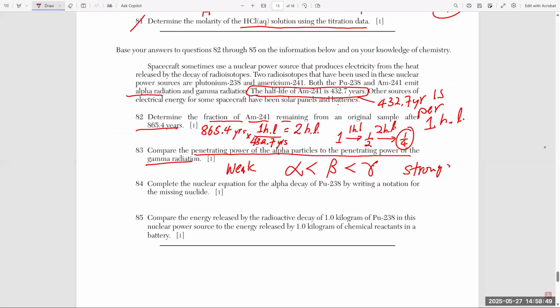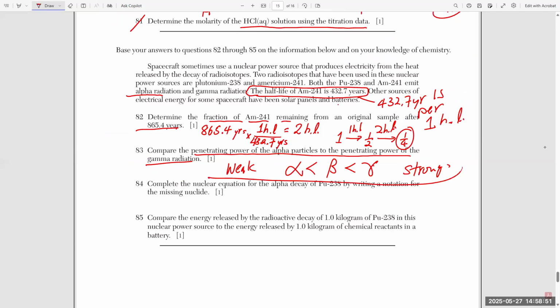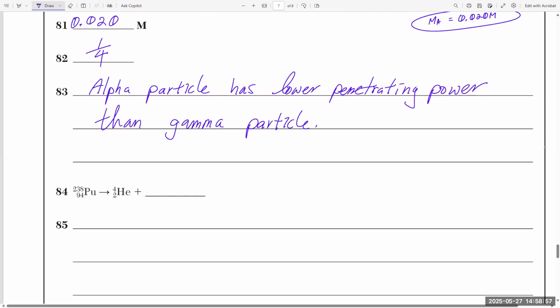The only way is you just have to memorize this for this question, right? So that's that.